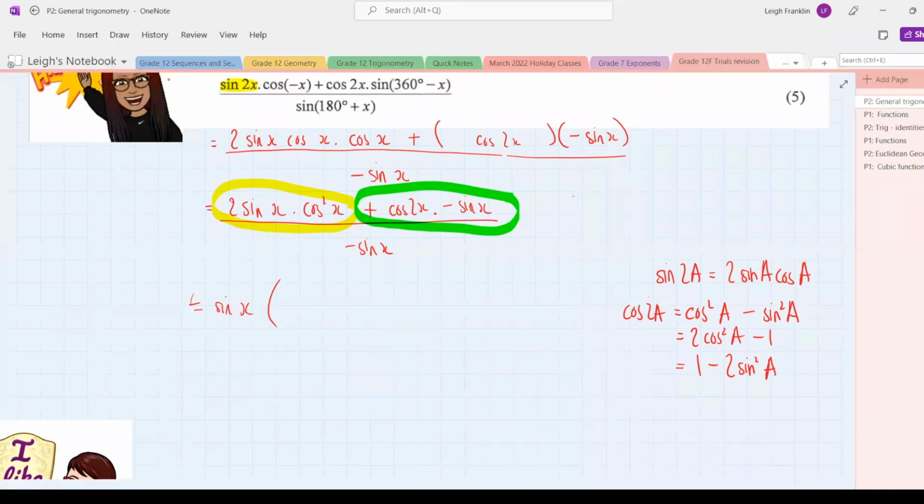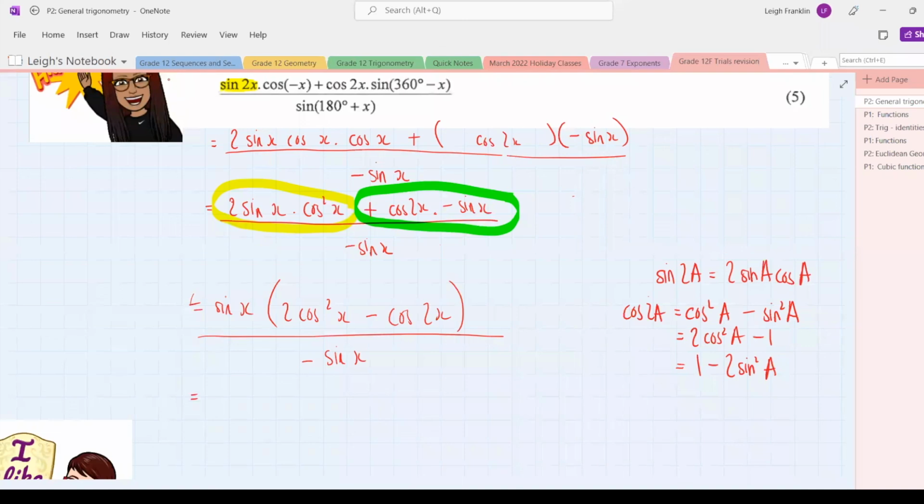And that's going to leave us with 2 cos squared x, and then this would be minus cos 2x, all over sine x, but this is negative.